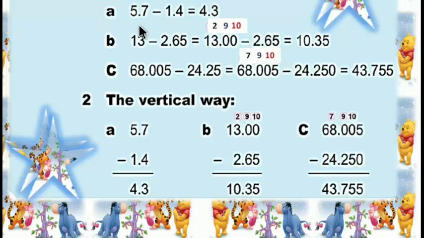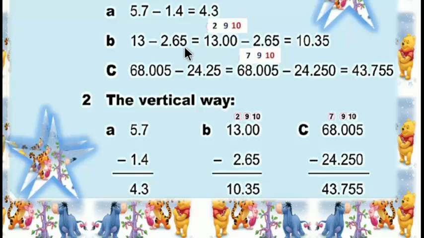The first example, 5.7 minus 1.4. In vertical way, put each digit in its own place, okay? 7 minus 4 equals 3. Put decimal point. 5 minus 1 equals 4. The second example, 13 minus 2.65.